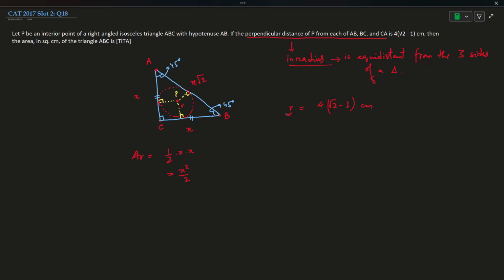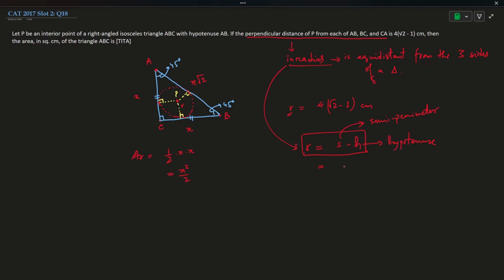And what is the relation between the in radius and the hypotenuse, or you can say the sides of a triangle? The in radius of a right angle triangle is given as r is equal to s minus h, where s is the semi perimeter, that means half of the perimeter, and h is the hypotenuse.